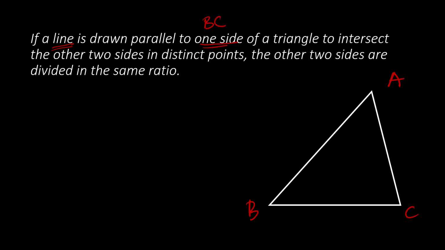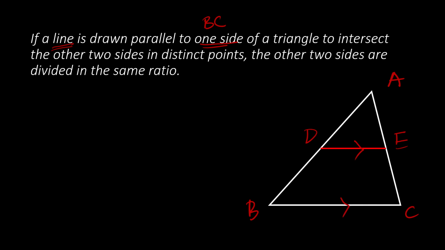To BC, a line is going to be drawn which is parallel to BC and it intersects the other two sides in distinct points. That is, a line is drawn, it intersects the other two sides at distinct points D and E and it is parallel to BC. The other two sides are divided in the same ratio.